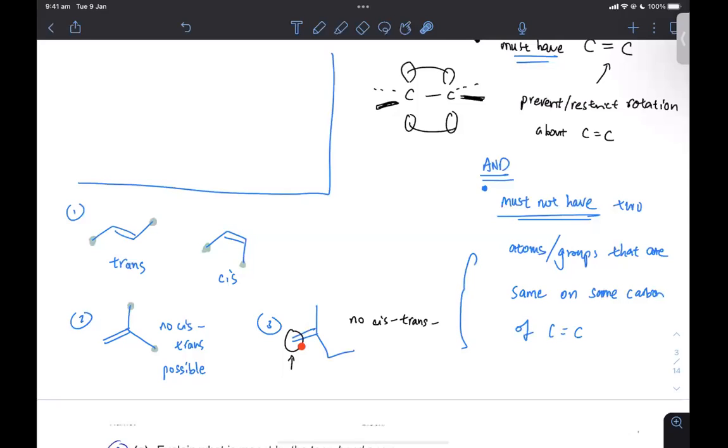Okay, carbon forms how many bonds? Can you tell me carbon forms how many covalent bonds? 2. Okay, carbon can form 4 covalent bonds. What you see here is carbon forming double bond to carbon, right? So how many more hydrogen are here? Are you following this? Carbon forms 4 covalent bonds.